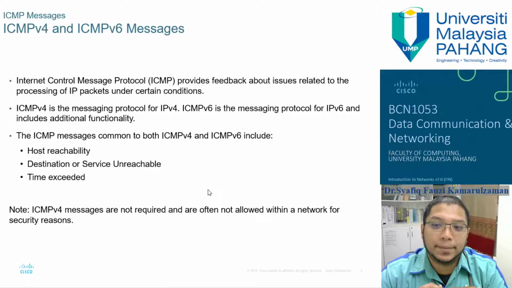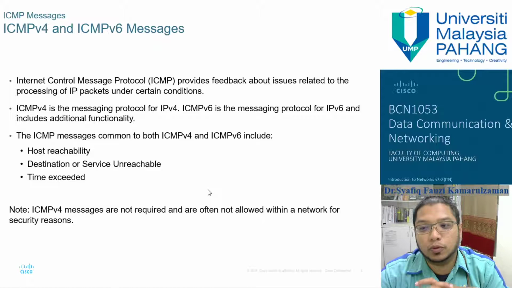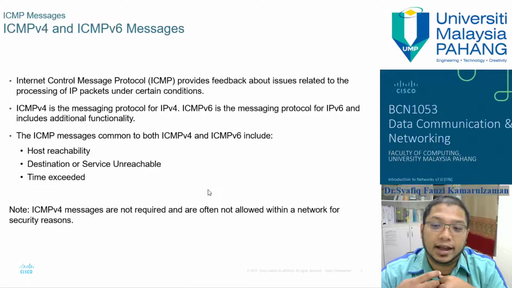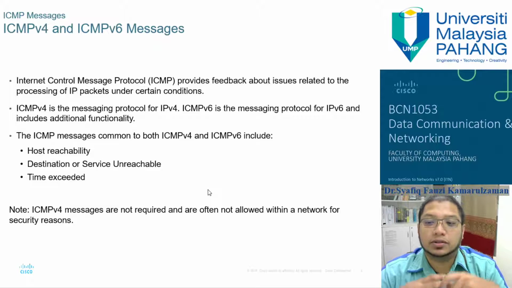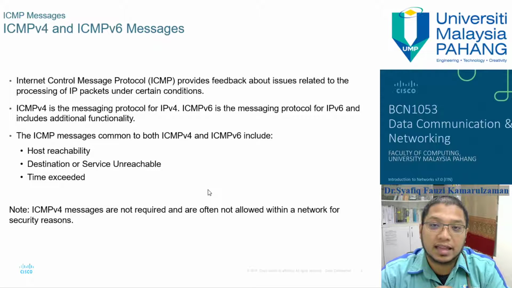The ICMP messages common to both ICMPv4 and ICMPv6 include three things basically. The first one is host reachability, whether you can reach the host or not. Then you have destination or service unreachable, which is kind of like a status that is replied based on the ICMP protocol. And then time exceeded.